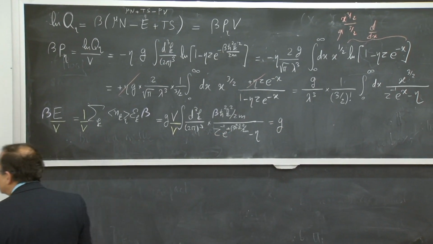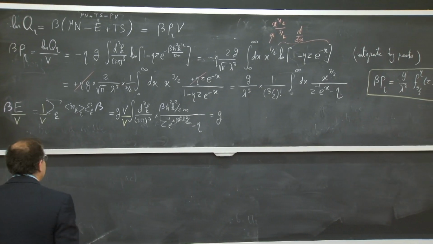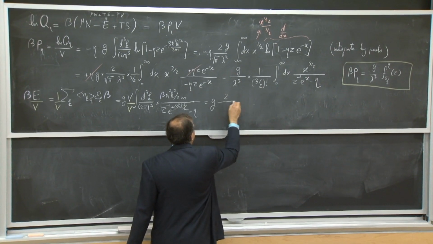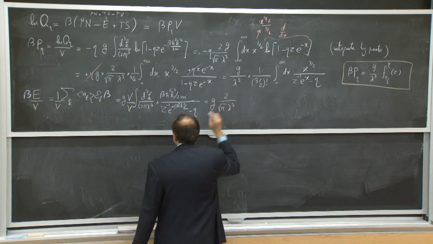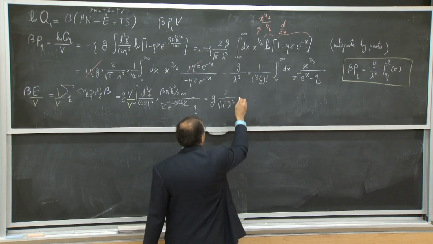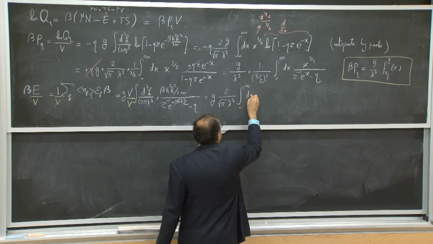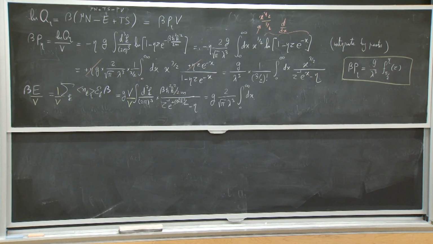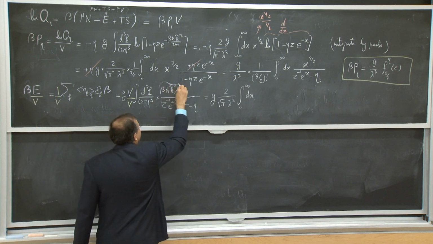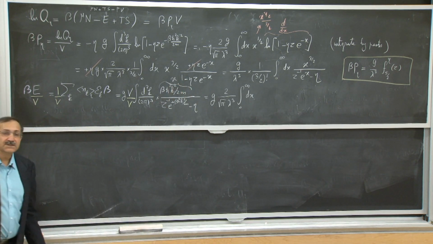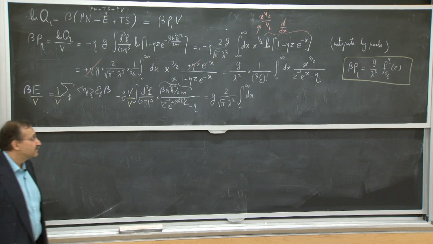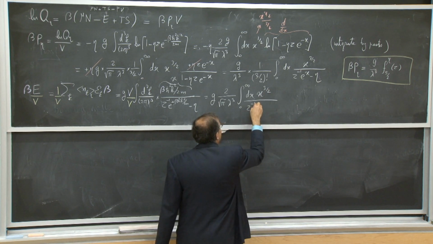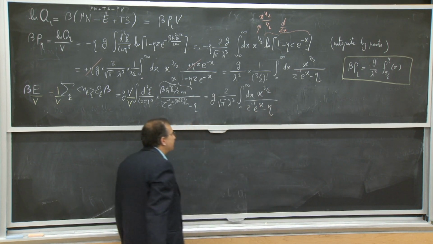The integral over k, I know how to replace it with something that involves x, is going to give me 2 over root pi lambda cubed integral 0 to infinity dx. From the change of variables, I have x to the 1/2, but I introduced one factor of x here because I have this energy factor in the numerator. So that changes this to x to the 3/2, and then again I have z inverse e to the x minus eta.